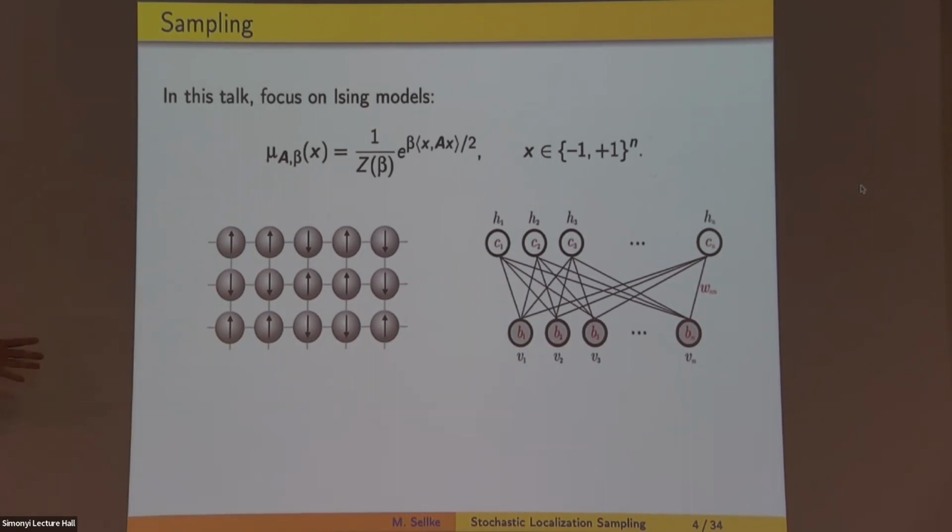So the picture, of course, is you have some atoms or some other objects, and they're interacting pairwise, and the entries of A are telling me if they want to be aligned or anti-aligned.